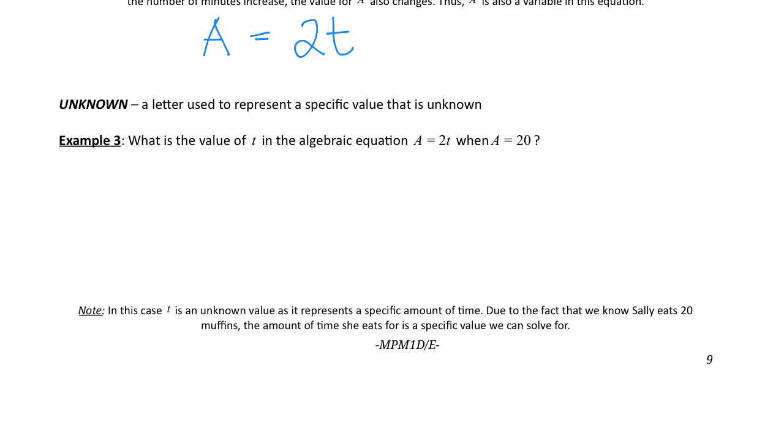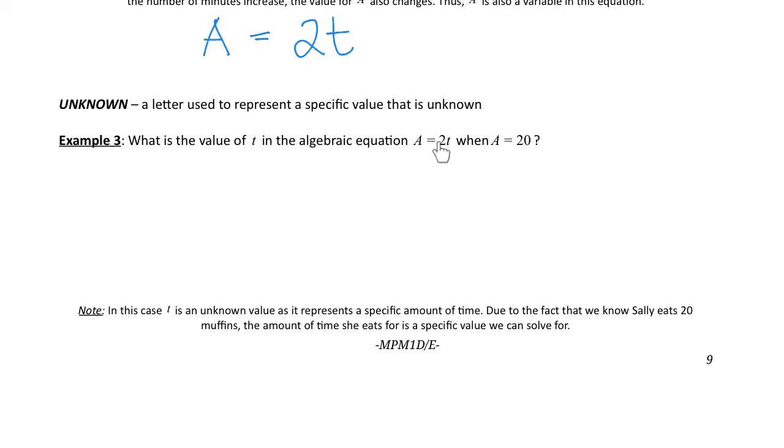So in our next example, we are asked, what is the actual value of t in your algebraic equation, A equals 2 times t, when A is equal to 20? So this time they're telling you that if Sally can eat a total of 20 muffins, how much time will have gone by for this contest?